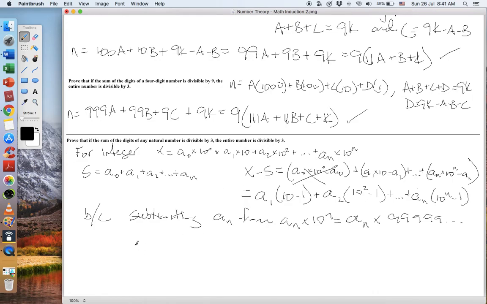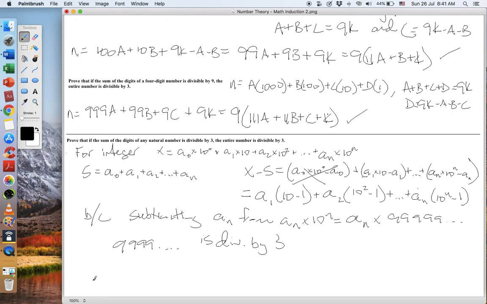And so then any string of 9s, 9, 9, 9, dot dot dot, is divisible by 3. Right? We've already proven that actually up here.